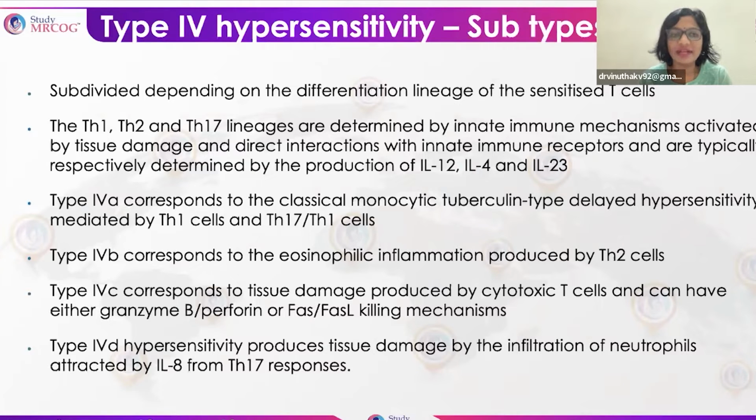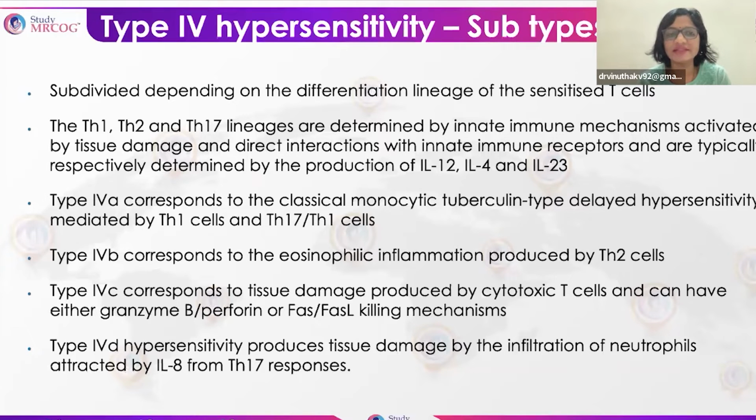Like in contact dermatitis, you wear a slipper, you don't get the reaction immediately. You get it after 48 hours or even up to 1 week. Same thing happens in host versus graft rejection. As soon as the transplant has happened, there is no immediate rejection because of two reasons.